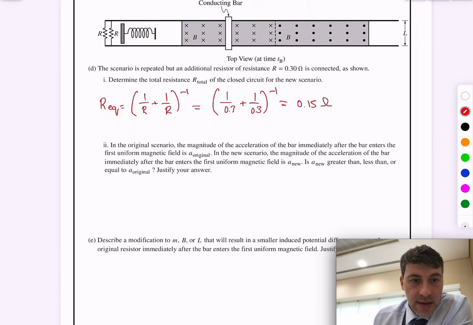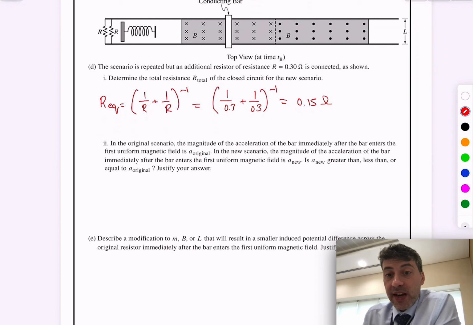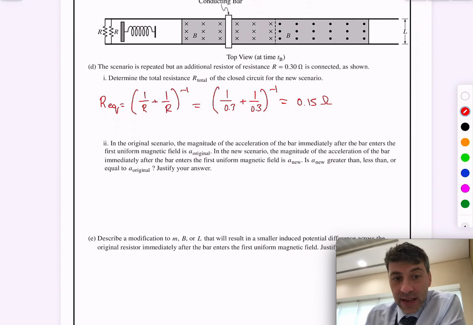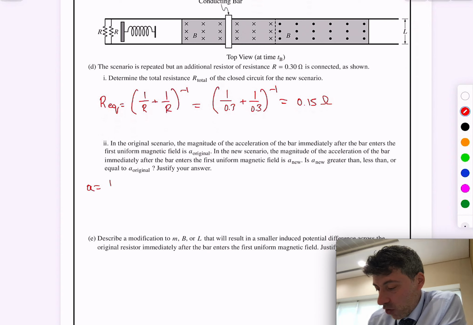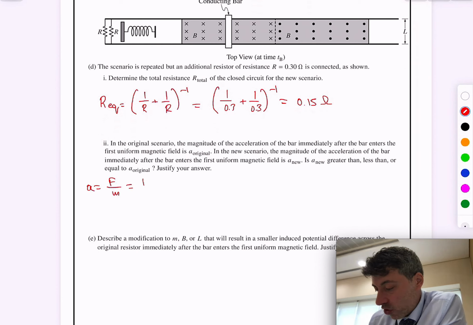And in the original scenario, the magnitude of the acceleration is a original. Okay, in the new scenario, there is a new acceleration as it is about to enter, and we need to figure out if the new acceleration is more or less than the original acceleration. As we remember, this acceleration depends on the force and the mass. The mass stays the same, but the force is equal to BIL.